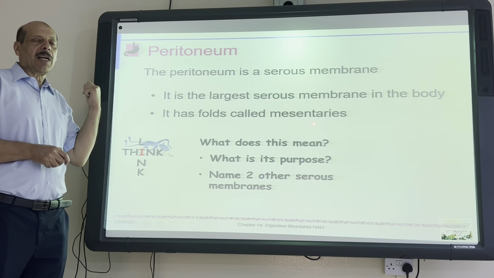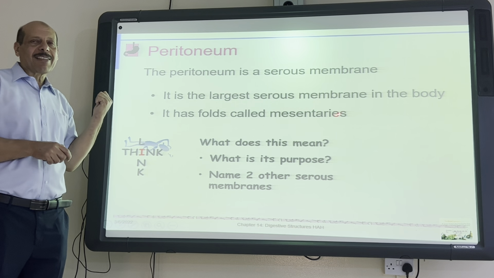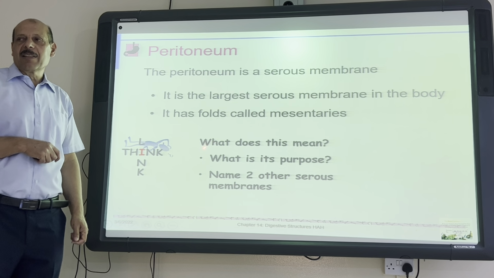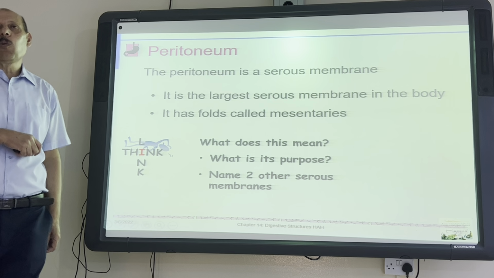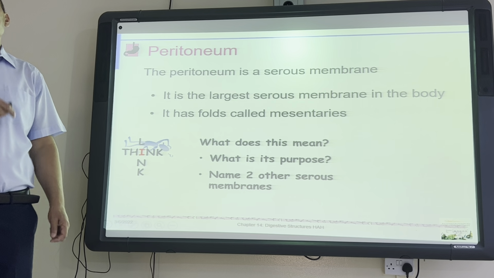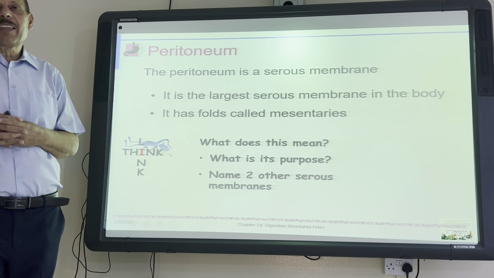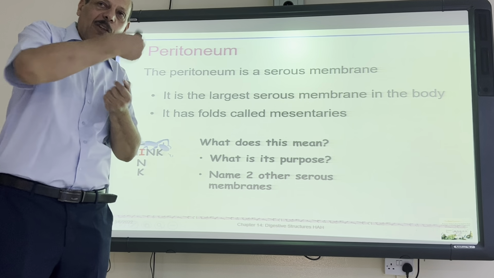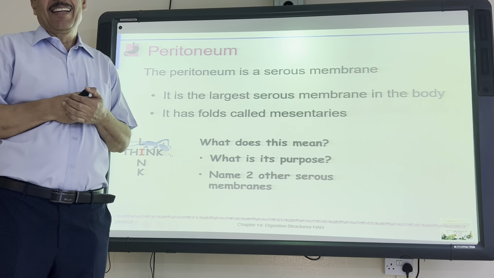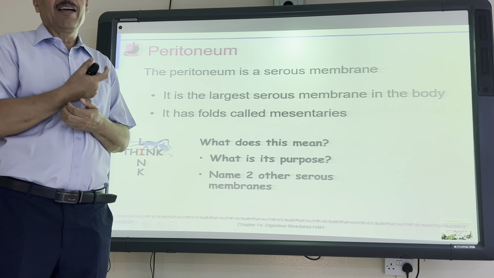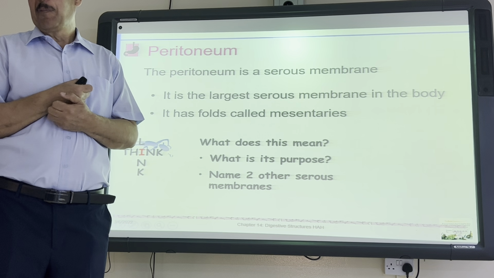If you remember last time, in one of the slides, the mesentery was shown, and what was passing through the mesentery? What is the thing that passed through the mesentery to the intestine or to the abdominal organs?